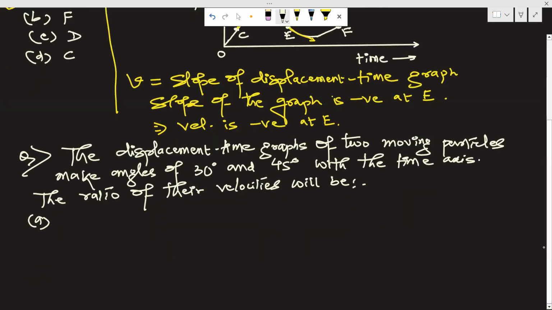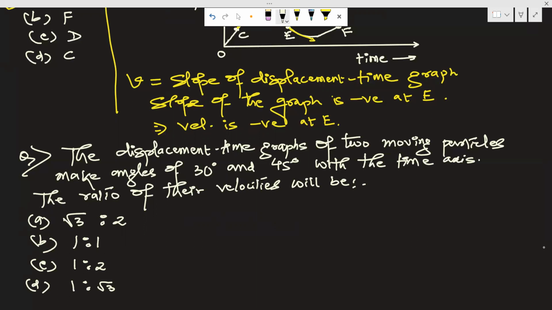Option A is √3:2, option B 1:1, option C 1:2, and option D is 1:√3.